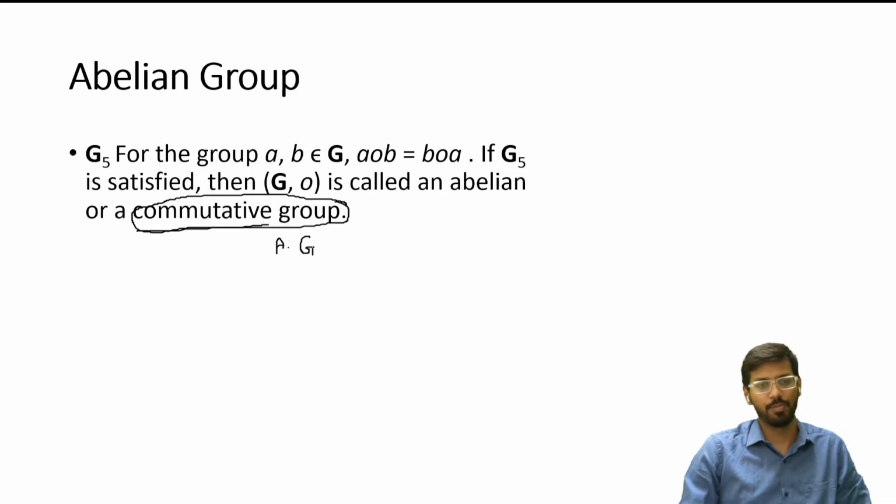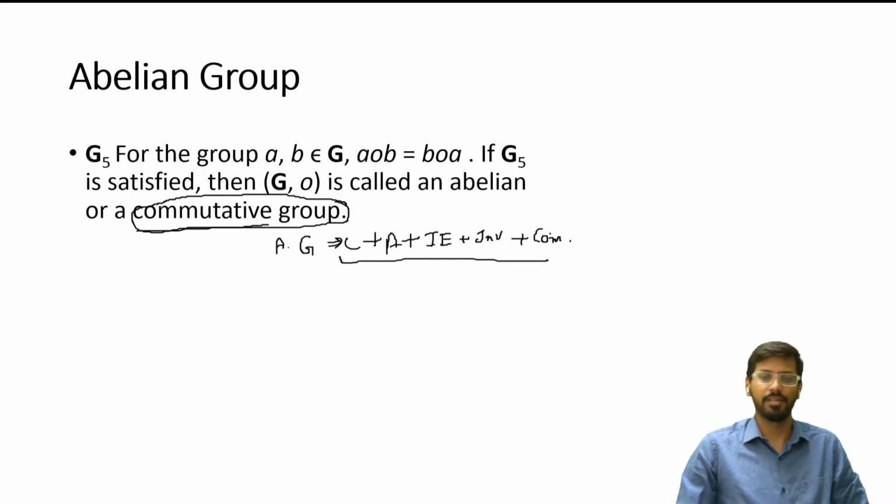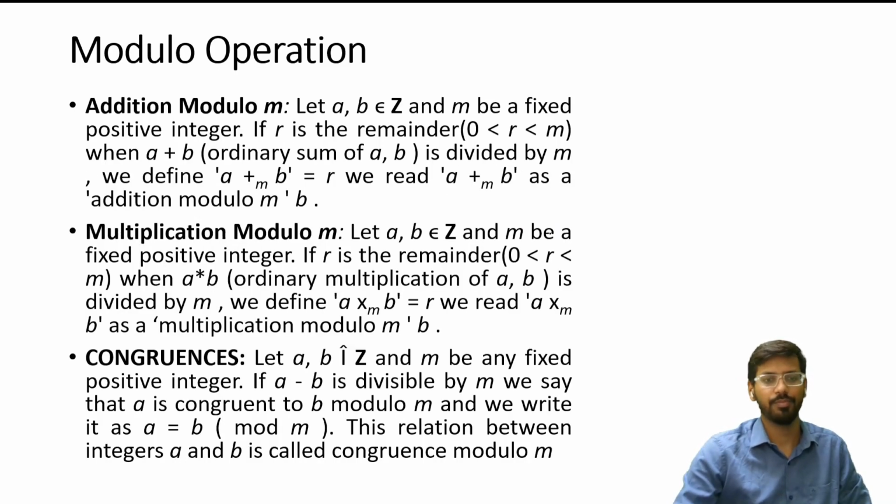So an abelian group is closure plus associativity plus identity element plus inverse, plus commutative. If all five properties are satisfied in a set, then we will call it an abelian group.